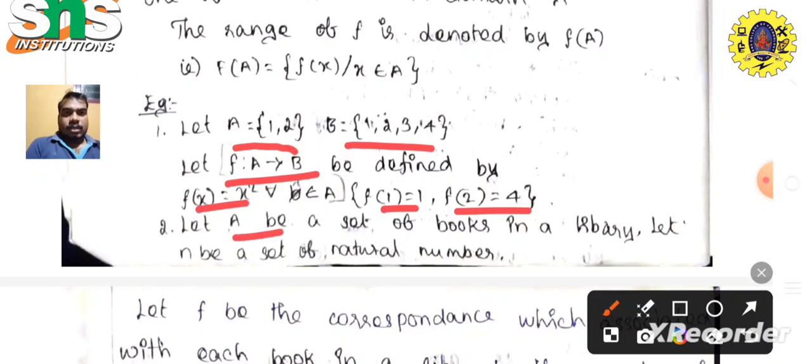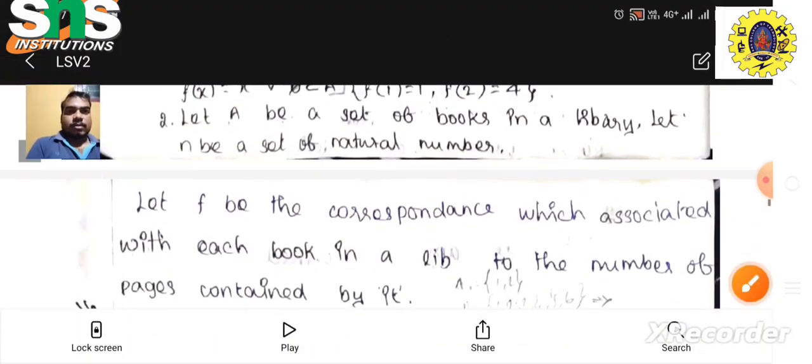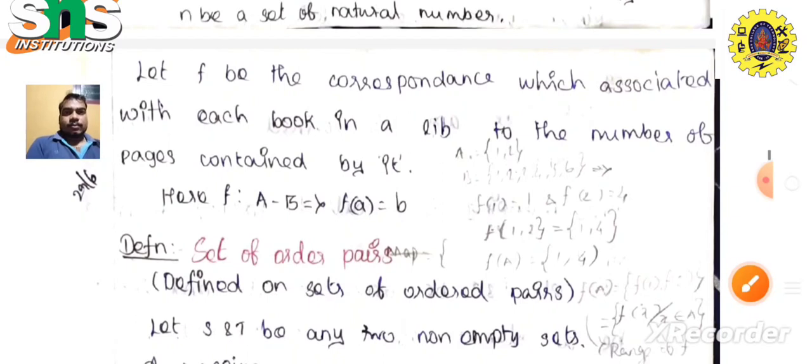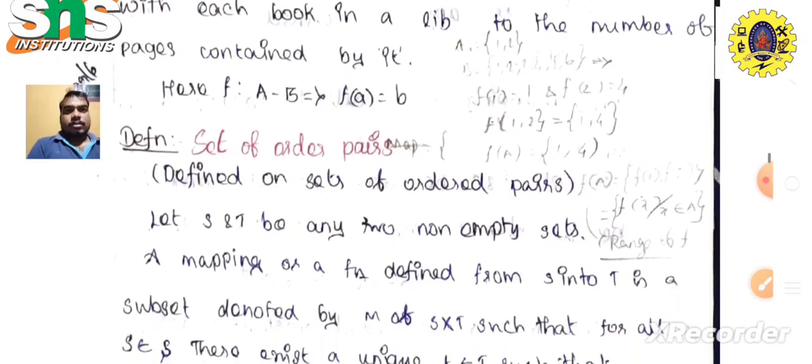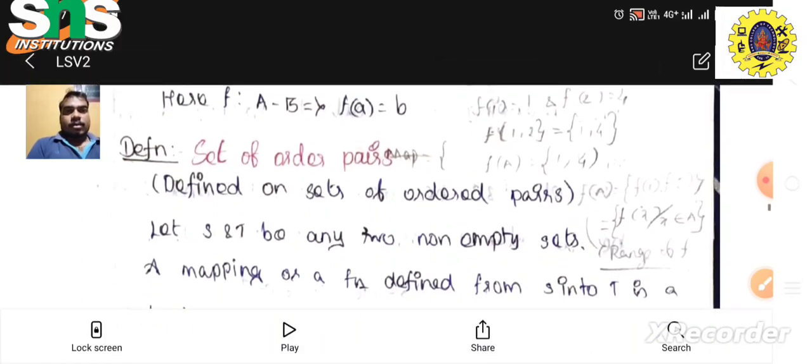Let A be a set of books in a library, and let N be the set of natural numbers. These are the examples of domain and codomain.